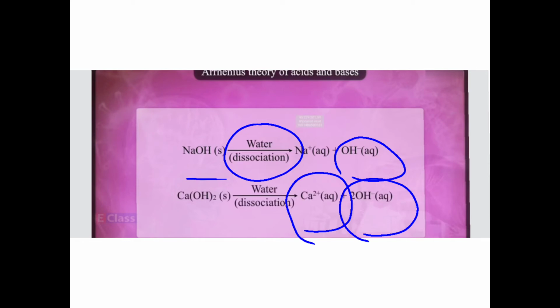So what we conclude is that OH minus ions are the only anion when the base is dissolved in the water. So what is the definition of base? A base is a substance which on dissolving in water gives rise to OH minus ion as the only anion.